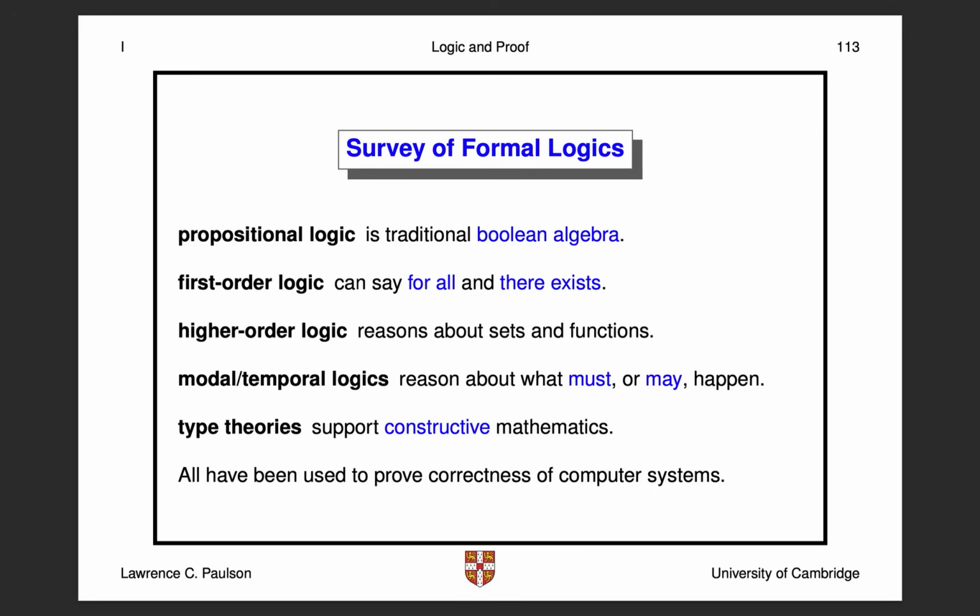With first-order logic, we can talk about for all and there exists over a domain. You'll have seen it in discrete maths, and we'll have quite a lot on that in this course here. Already, our validity problem becomes undecidable, but we do have powerful proof procedures, and a lot can be expressed in first-order logic, an awful lot of normal mathematics.